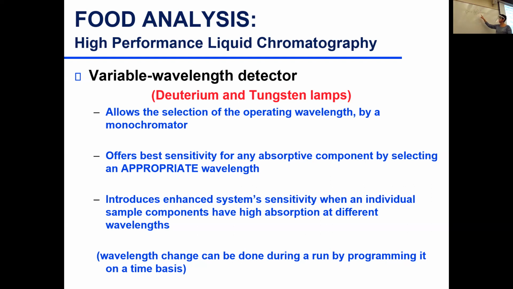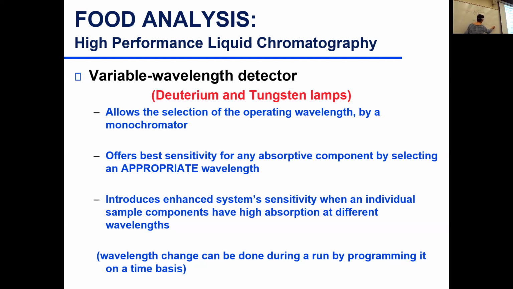Lambda max doesn't necessarily mean the highest lambda that the compound can absorb. So let me draw this to explain what I meant. This is a spectrum. This is absorption, and here you have wavelength, let's say 200 to 400.